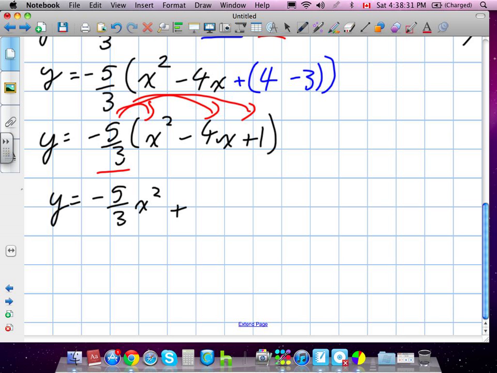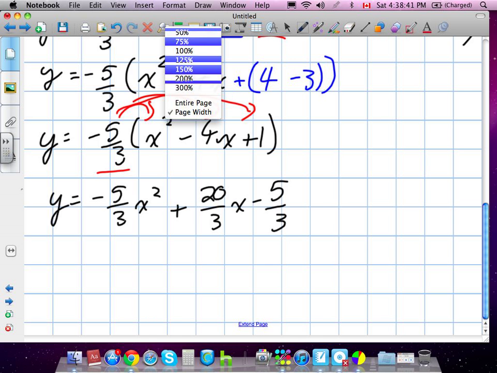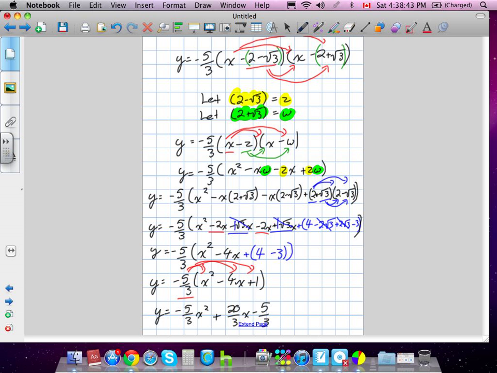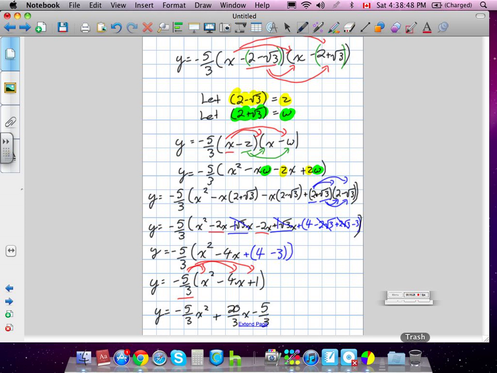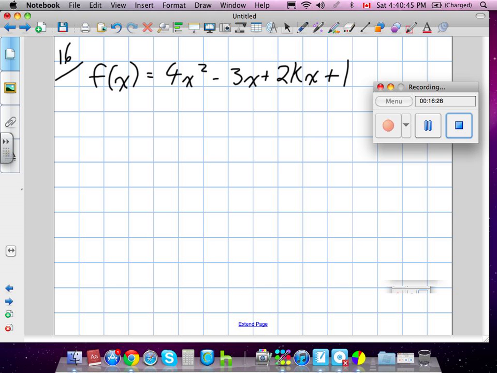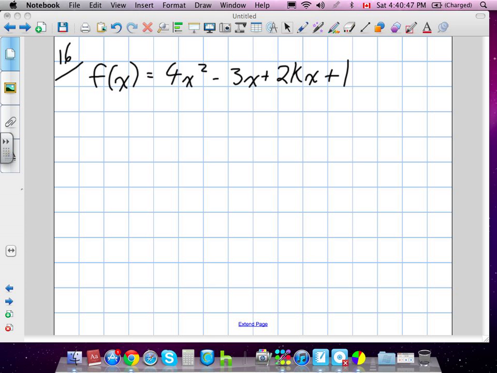Negative times a negative gives us a positive. 5 times 4 is 20. 20 over 3 x. And 1 times that is just what the a is, negative 5 over 3. So, even though it looked like it'd be quite simple, there's a very long process to the expanding and simplifying of this question.